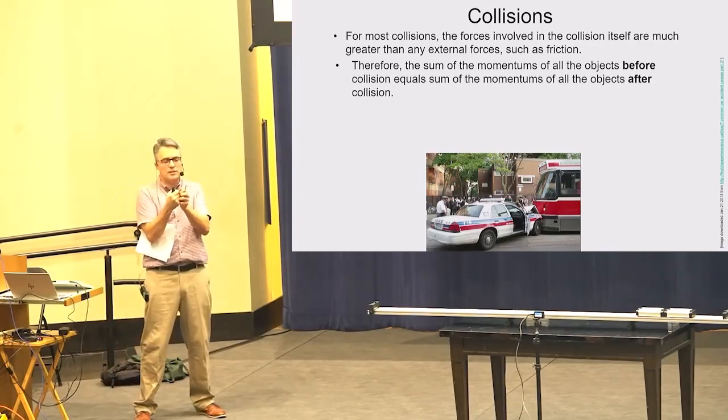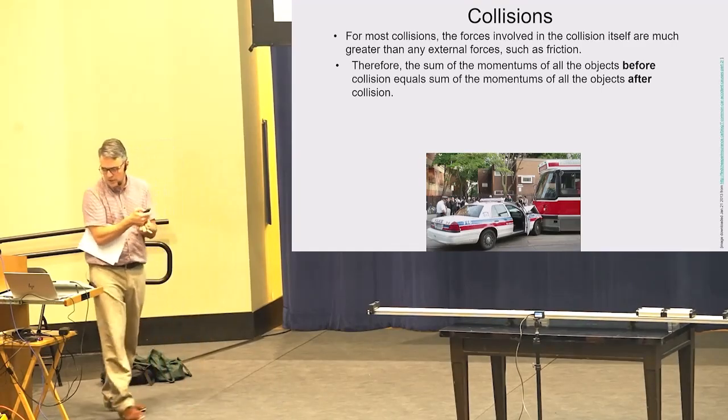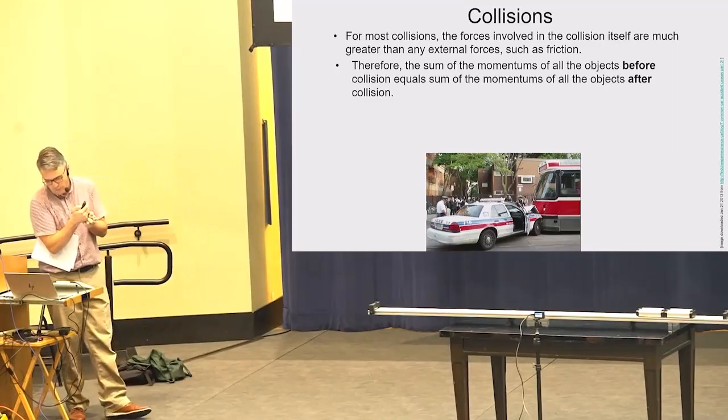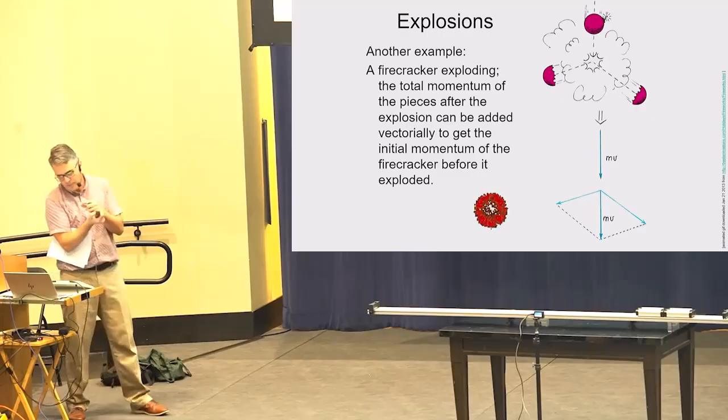But during the collision itself, for that millisecond or whatever that they're colliding, the largest force is the normal force on each other. So therefore, the sum of the momentums of all the objects before the collision equals the sum of the momentums after the collision.